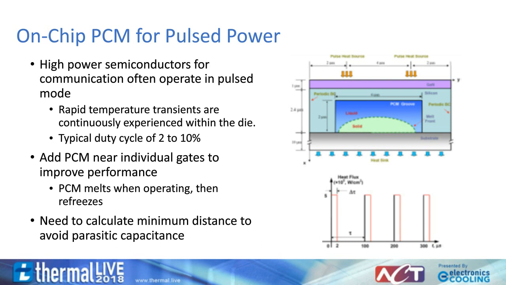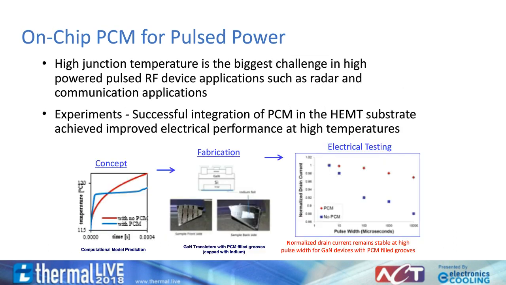The high junction temperature during the on cycle is the biggest challenge in these high-powered pulse devices. As you can see in the graph at the bottom left, the objective in adding the PCM is to limit the temperature rise of the high electron mobility transistor, or HEMT, to the PCM melt temperature.